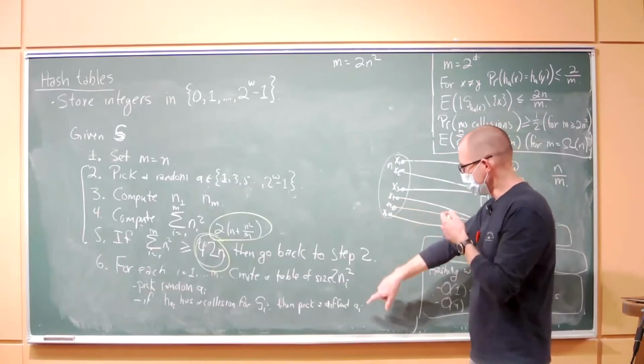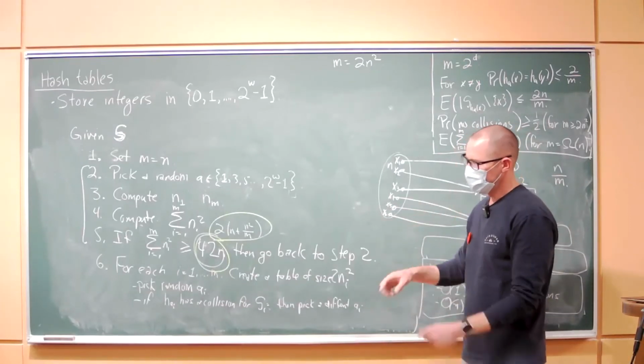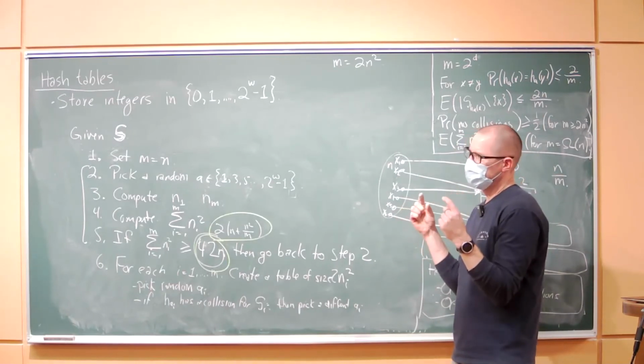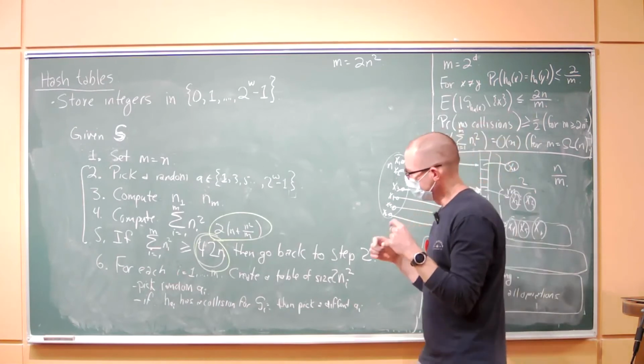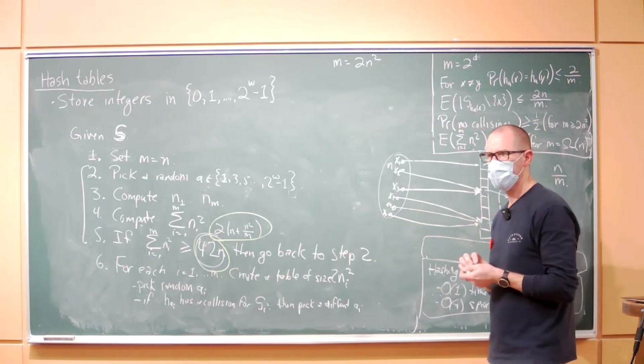And then the same thing happens here. For each little table, you expect to have to try 2 different hash functions till you find one that works for that little table.